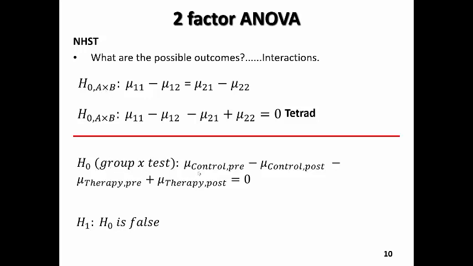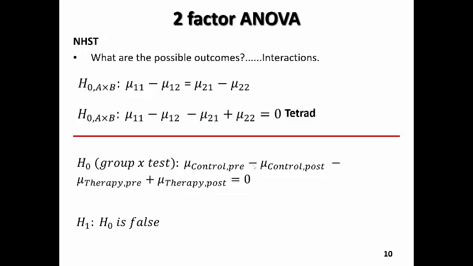And this is the mu, or the average of all the scores for the control group taken at the pretest, minus the average of all the scores of the control group taken on the post-test, minus the average of all the scores of the individuals assigned to the therapy group on the pretest, plus the average value of all the scores of the therapy group on the post-test.